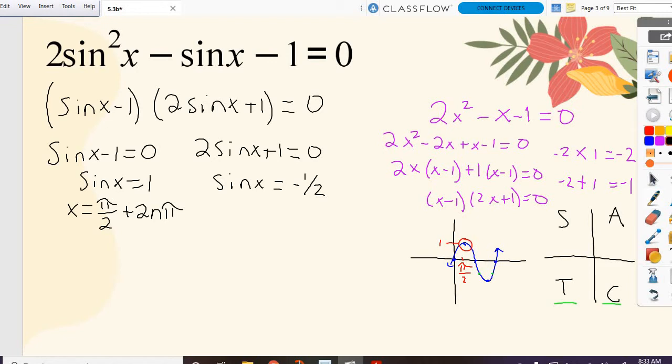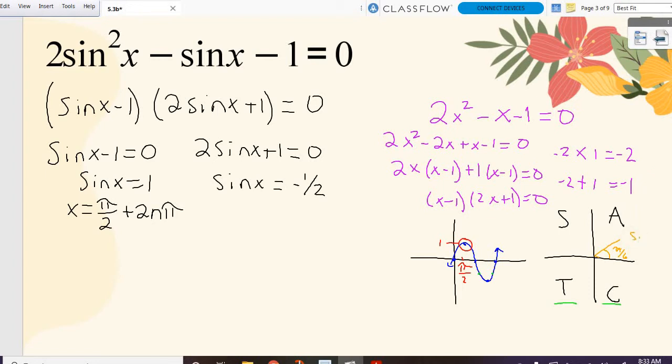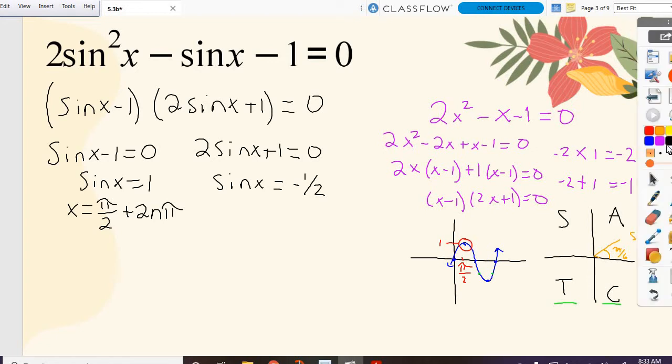Well, if I was in my first quadrant, hopefully we remember that pi over 6 is what gives us 1/2. So if I was looking at the angle pi over 6, sine of x equals a +1/2. So basically, that's going to be our reference angle.